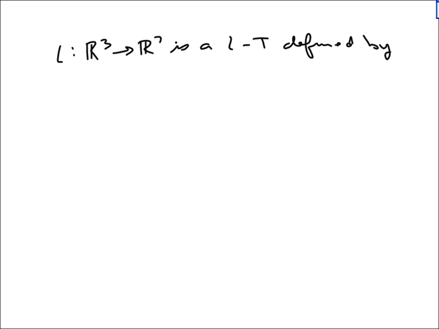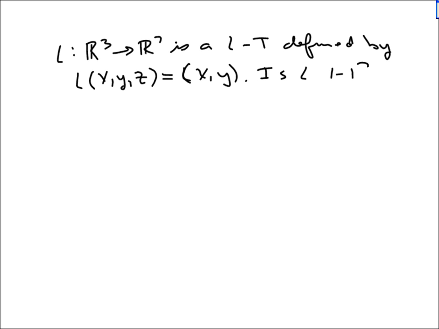Okay. Suppose L from R3 to R2 is a linear transformation defined by L of (x, y, z) is equal to (x, y). Is L one-to-one?